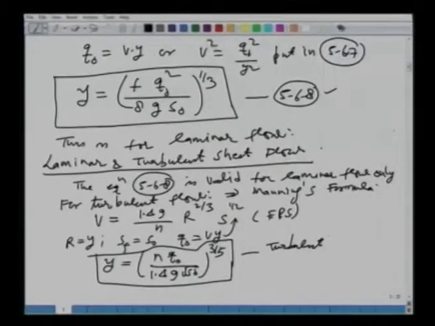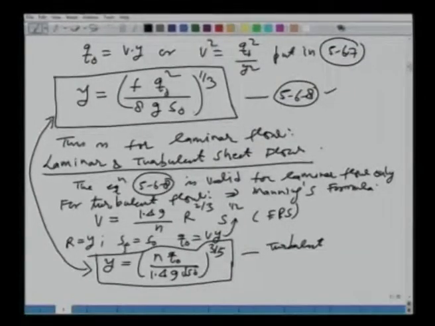Is there a similarity between this equation for the turbulent flow you had just derived and this equation? They have very similar forms. You see that y is equal to, in the laminar case, you have f, the friction factor. Here you have n, the roughness coefficient. Then you have q0. Here it is square, here it is linear, and then you have some other quantities in the denominator.